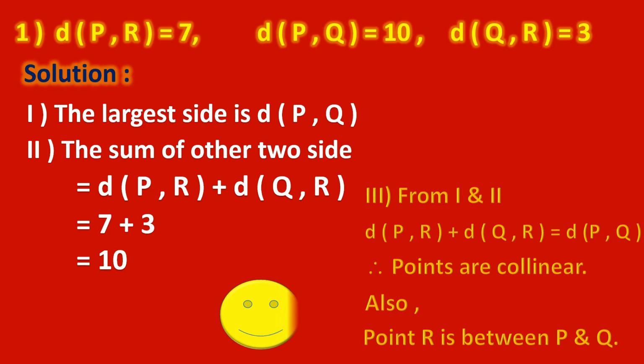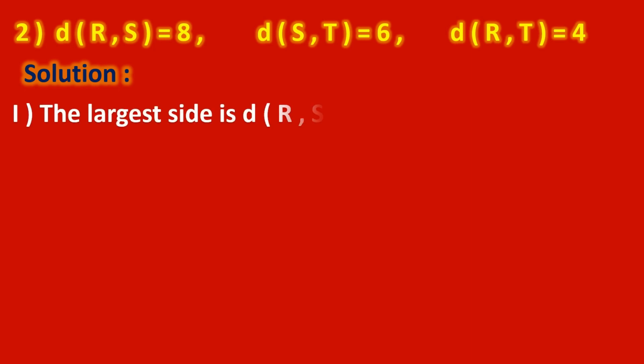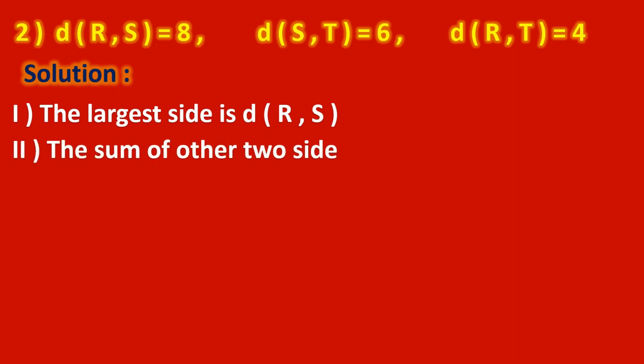Second question of third is distance RS is 8, distance ST is 6, distance RT is 4. The first is the largest here, that means distance RS is largest. Second point, by keeping RS aside, we will add the other two sides, that is distance ST plus distance RT.